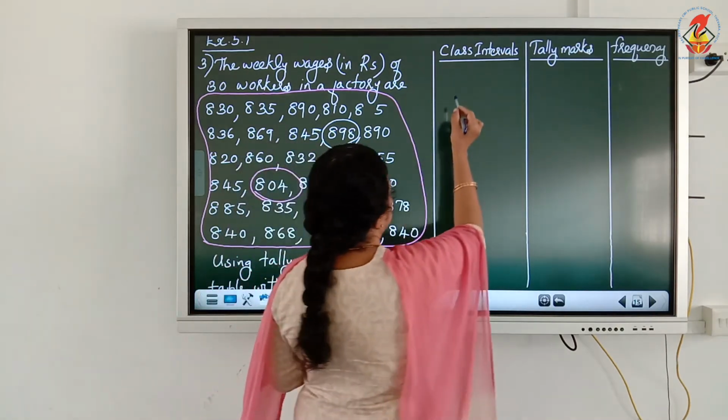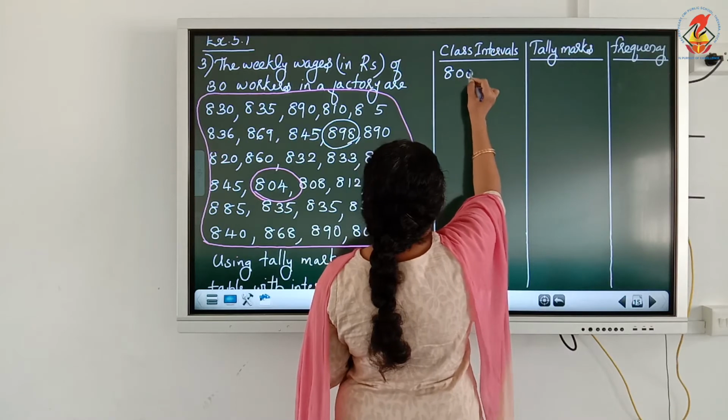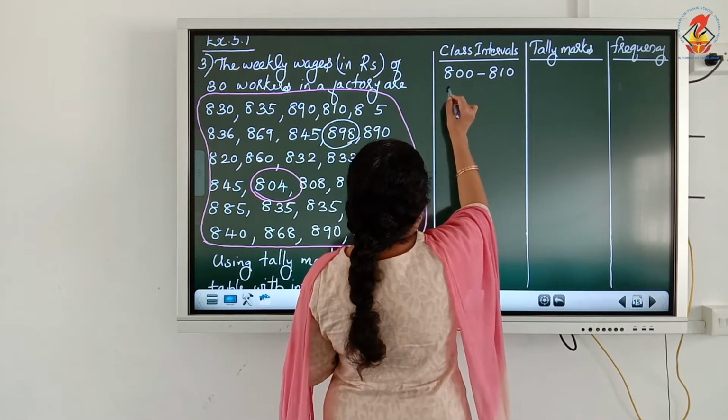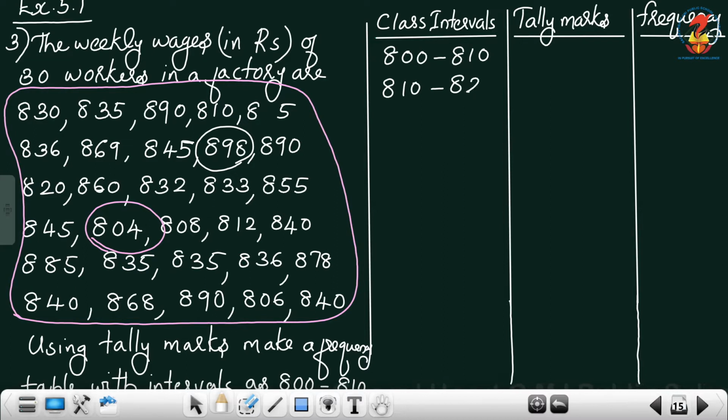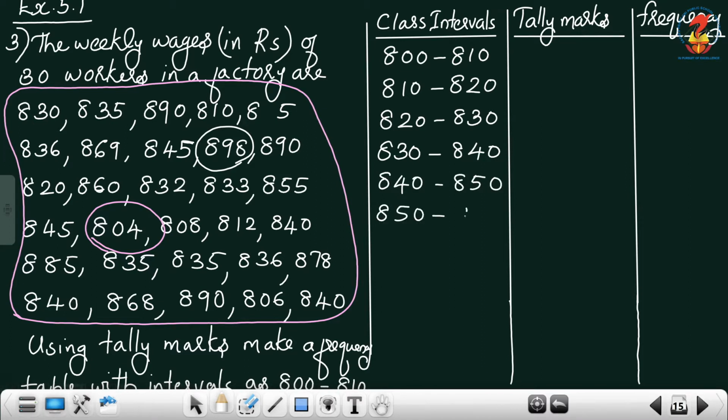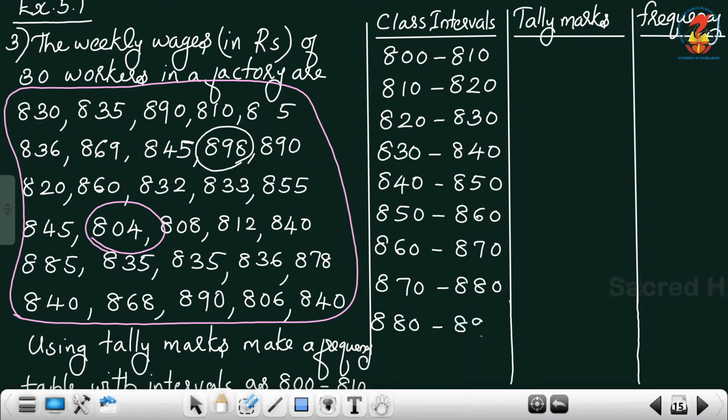It is already given. The first one is 800 to 810. Now, the second one is 810 to 820. Then the third one 820 to 830, 830 to 840, 840 to 850, 850 to 860, 860 to 870, 870 to 880, 880 to 890.